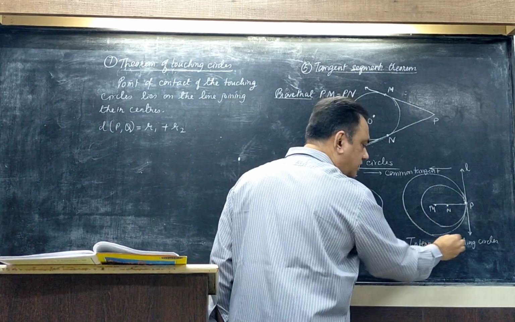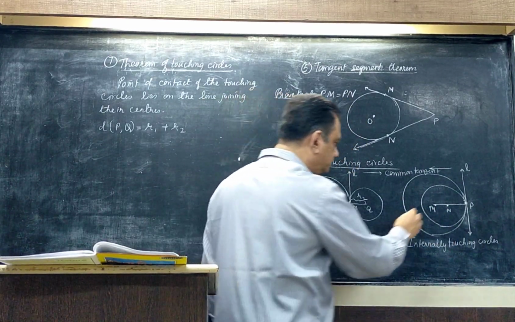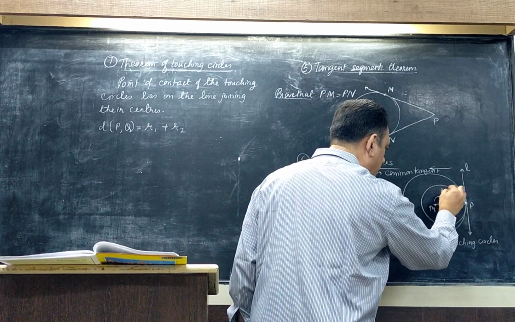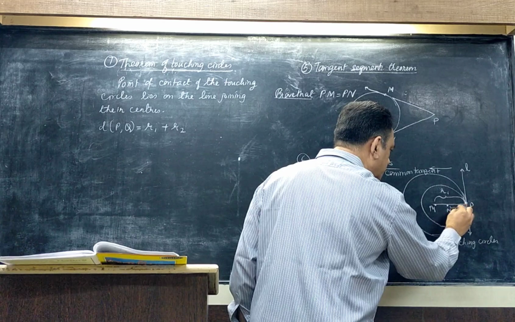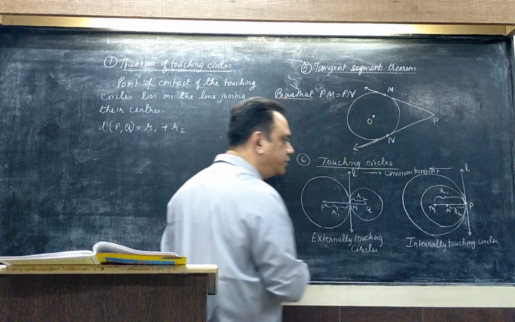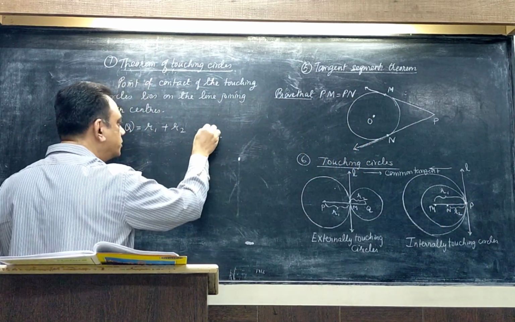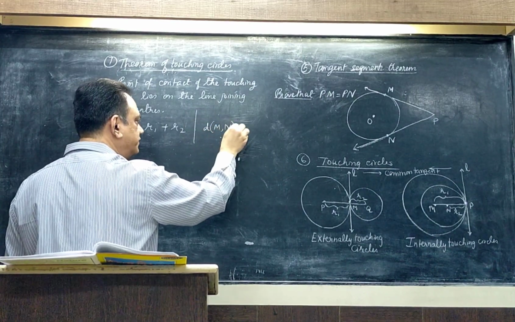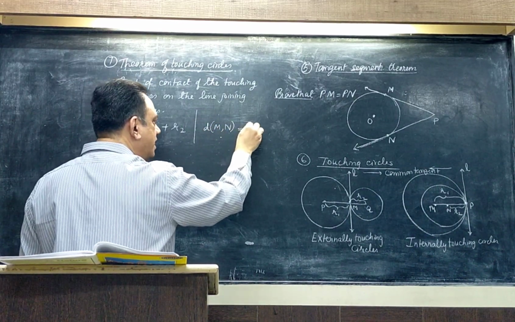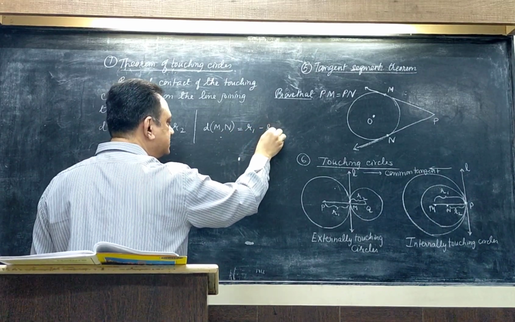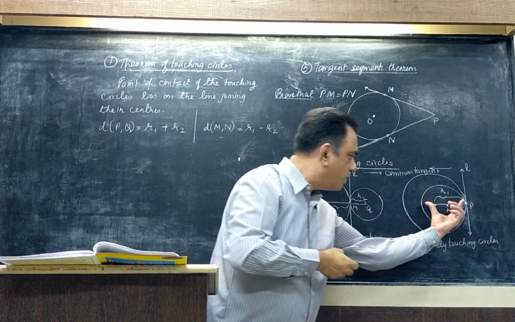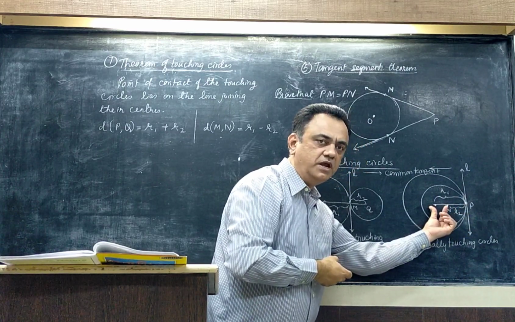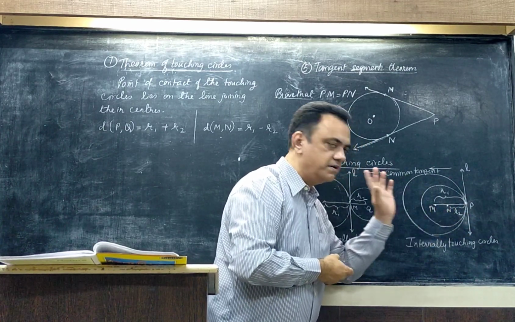Here, if you talk about internally touching circles, the radius of the bigger circle is R1 and the radius of the smaller circle is R2. Then the distance between points M and N, the centers of the circles, will be R1 minus R2.